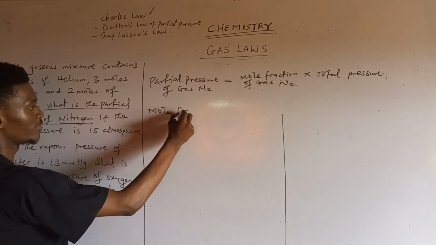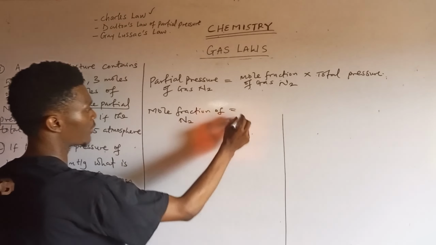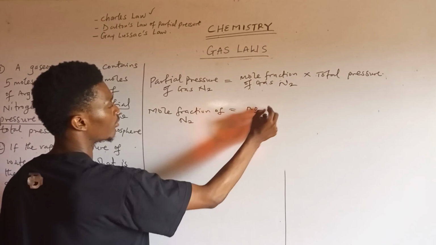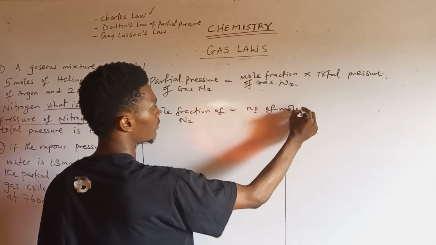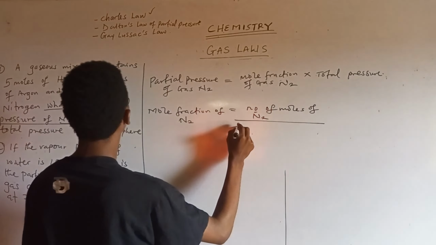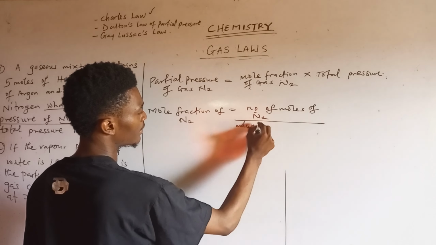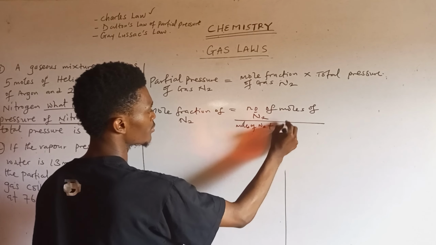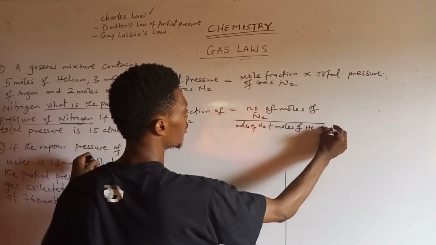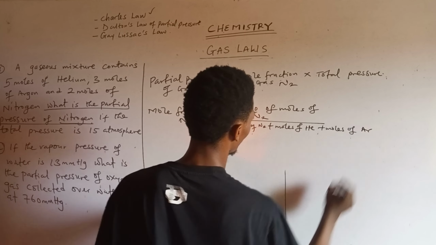So the mole fraction of N2 becomes the number of moles of N2 over the moles of N2 plus moles of helium, He, plus moles of the last one, argon, Ar.